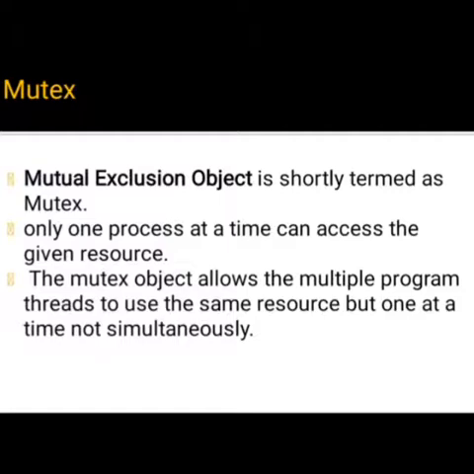As I said, a mutual exclusion object, a mutex, is a program object that allows multiple program threads to share the same resource, such as file access, but not simultaneously.